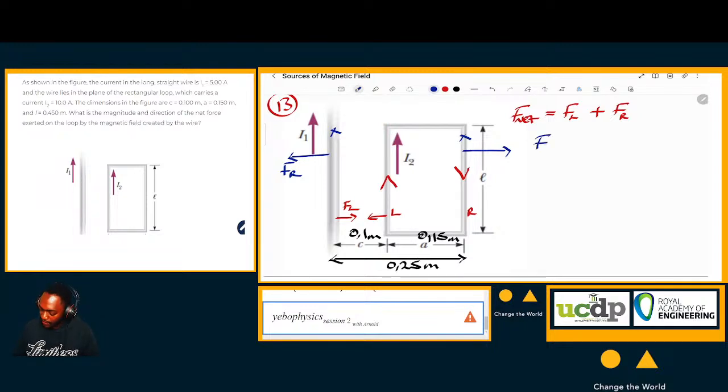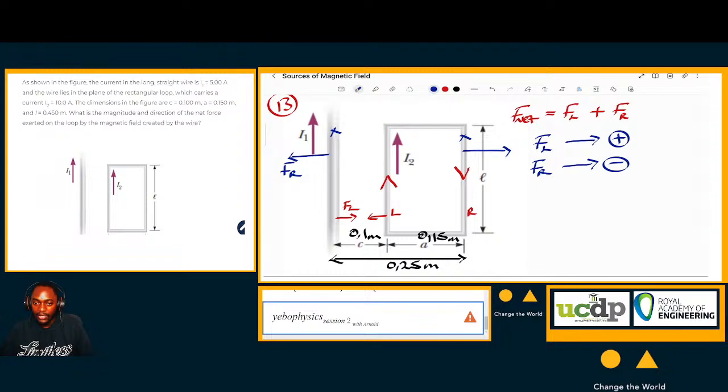Which means that our FL is going to be positive, then our FR is going to be negative, because there is a repulsion between the straight conductor and the right side of the loop. I hope this makes it clear.